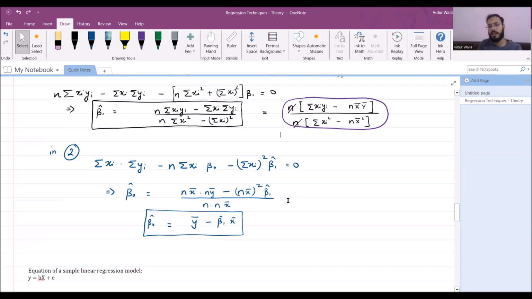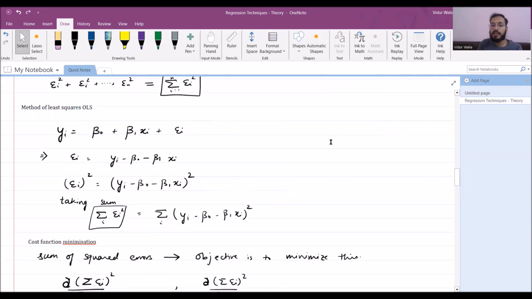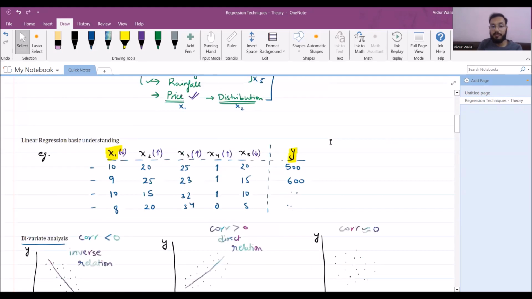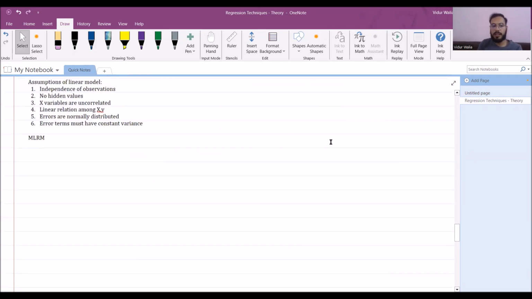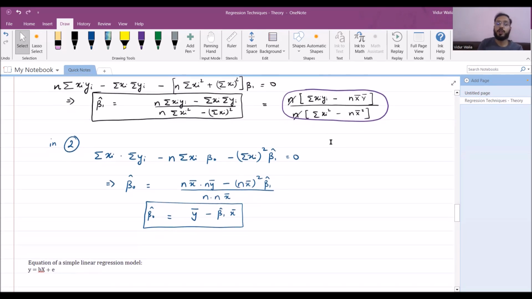Now you see, we already have all these values in our sample data set, which we will always have with us, correct? So these values I will always have with me. Clear? So this is the basic fundamental of how a line gets fit.